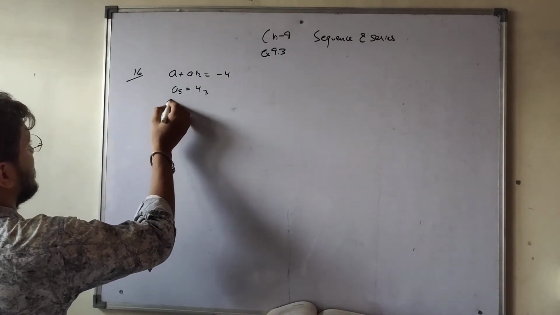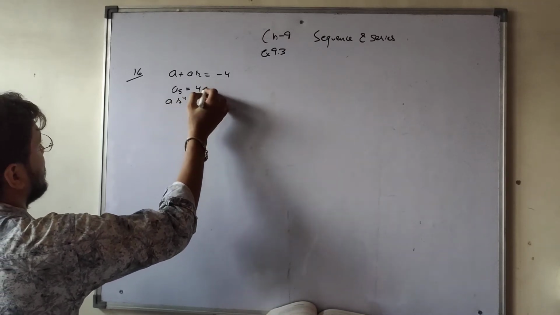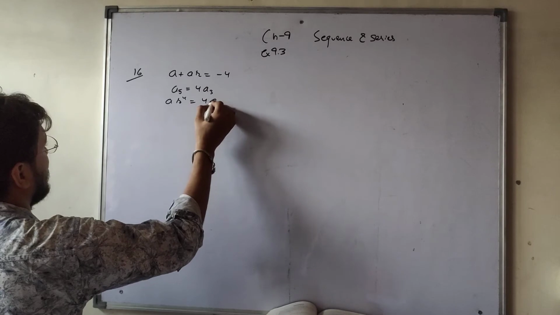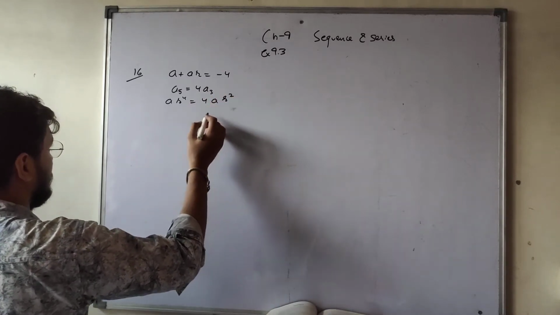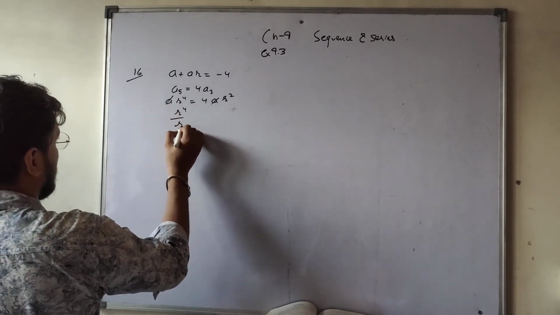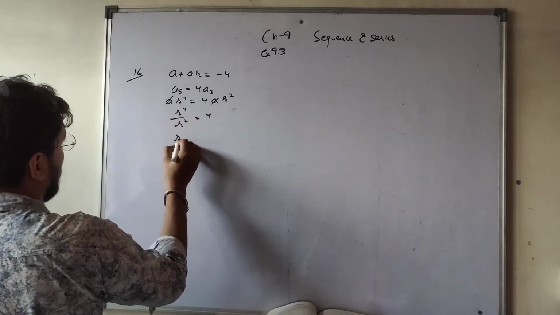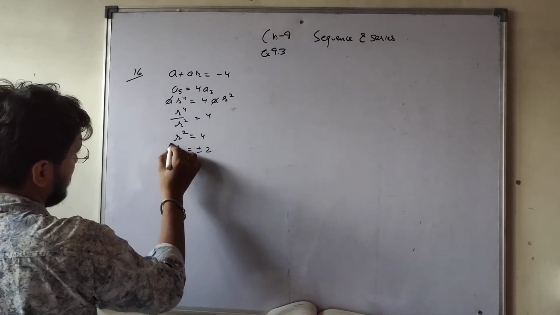So a5 is a r raised to power 4, equal to 4 a r square, right? So a and a cancel, r raised to power 4 upon r square is equal to 4, r square is equal to 4, so r is equal to plus minus 2.